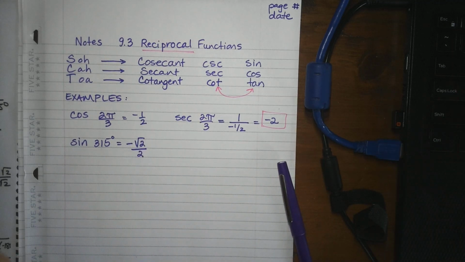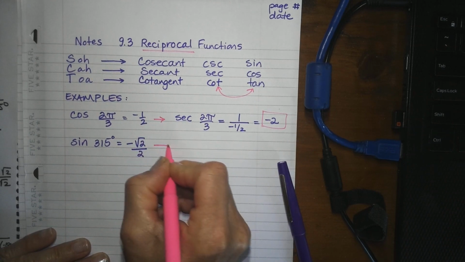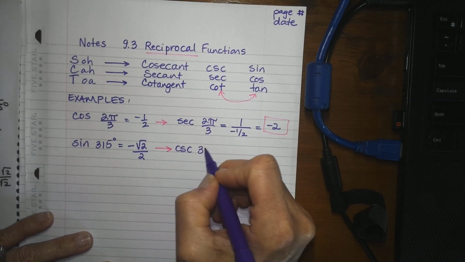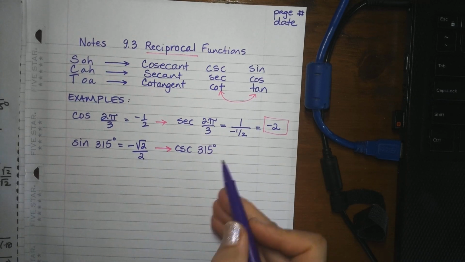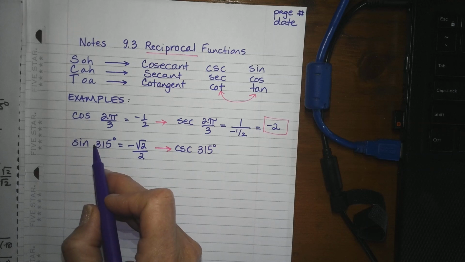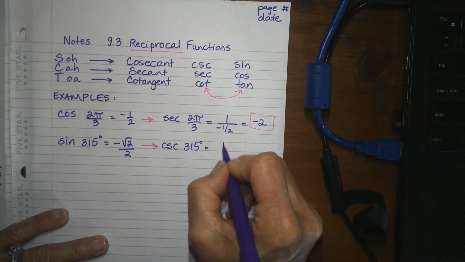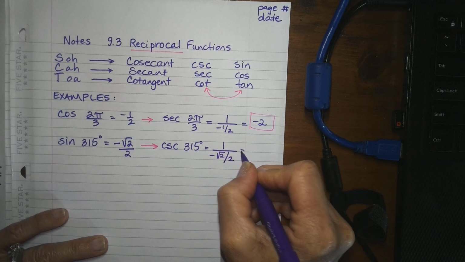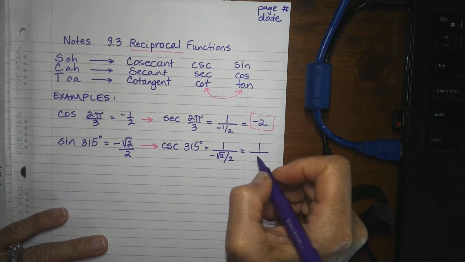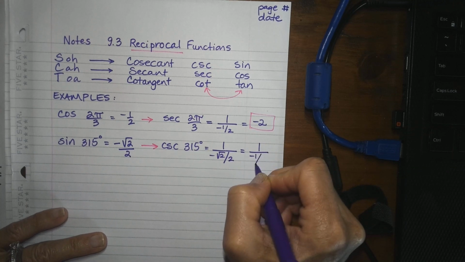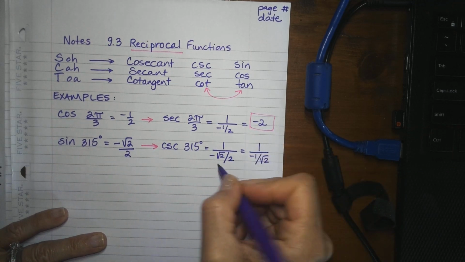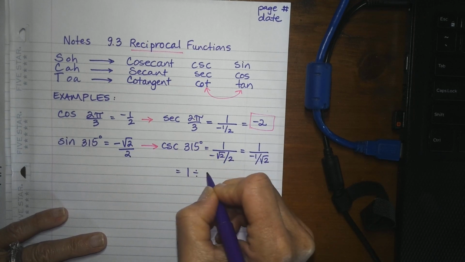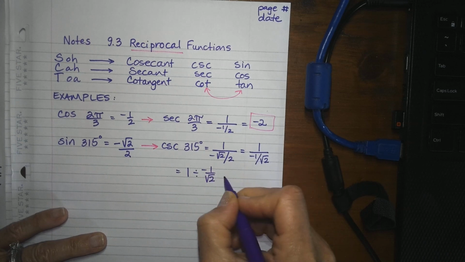So if I then want to find the cosecant of 315 degrees, it's equal to 1 over this value. That value was negative 1 over root 2. So if I'm going to do my work right here, 1 divided by negative 1 over root 2.